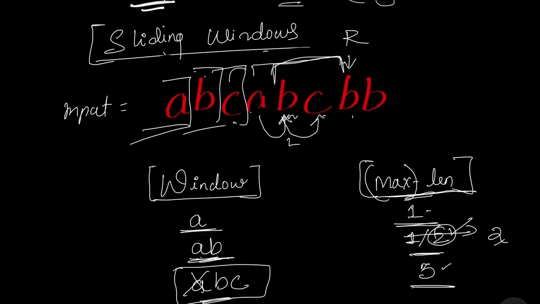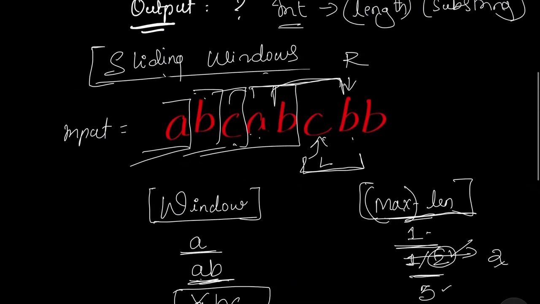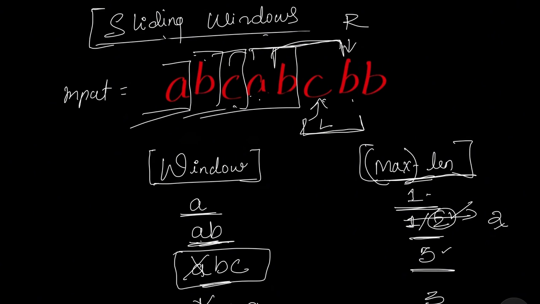So we move the left pointer again until the B is removed from the window completely. So this is our window right now, just these 2. CB is our window. We remove this, so we can add another B. Okay, move the right pointer again.